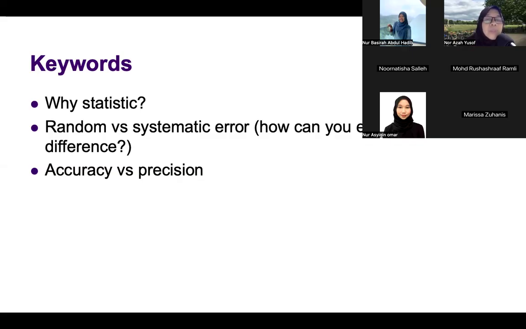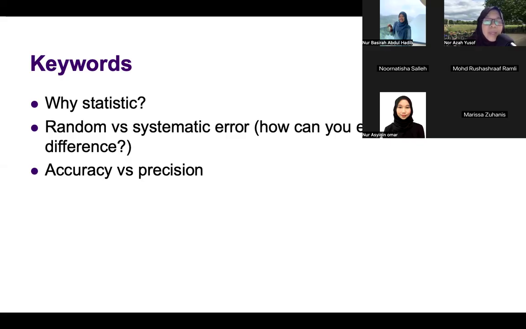Is there a possibility of error contribution, and think about whether it's random error or systematic error. So remember what we have discussed and look around whether you have that kind of error contributing to your workplace.